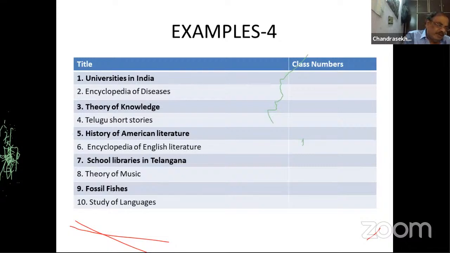So in this case, the number is 027.8 09 5484. The 09 should be there in between.